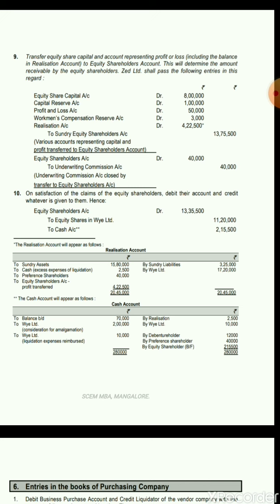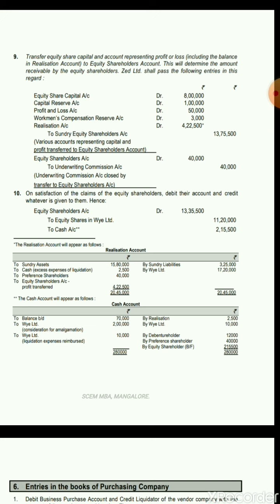For equity shares, yes, you can see the purchase consideration calculation, but for cash, sometimes it may differ because you may get profit or loss in the realization account. So that will change the entire cash balance. So here the cash amount is different. So if you see the purchase consideration calculation, you may have a different cash balance, but equity shares will remain the same. Only so much of equity shares have been issued by the transferee company.